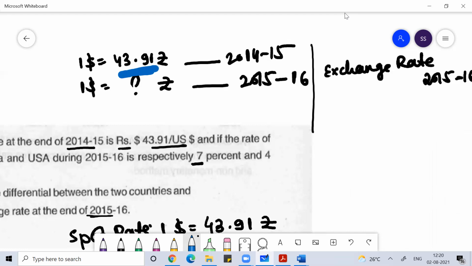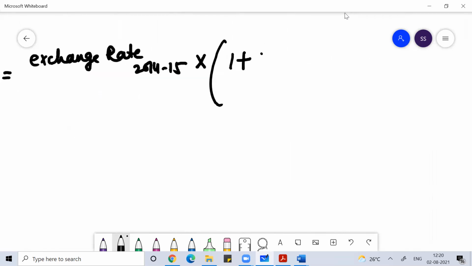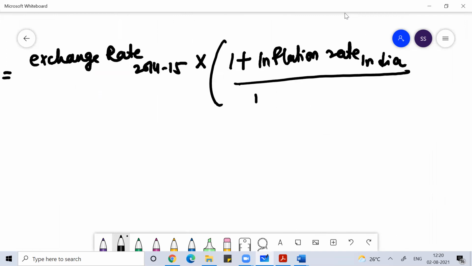Whichever currency is written on the right hand side, take in the numerator the inflation or interest rate of that country. So exchange rate into 1 plus inflation rate of India, because India is on the right hand side, divided by 1 plus inflation rate of US.